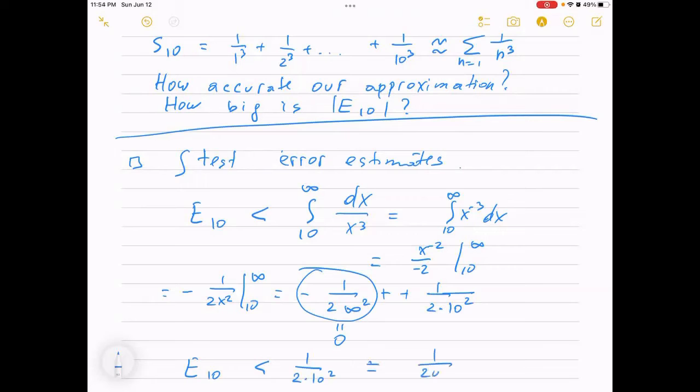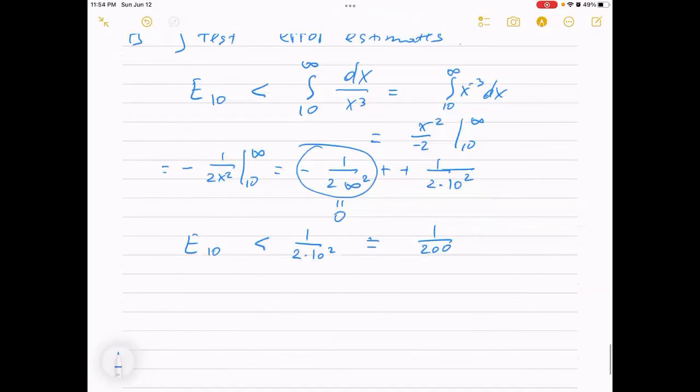10 squared is 100, 2 times 100 is 200. So we conclude that E10 is going to be less than 1 over 200.